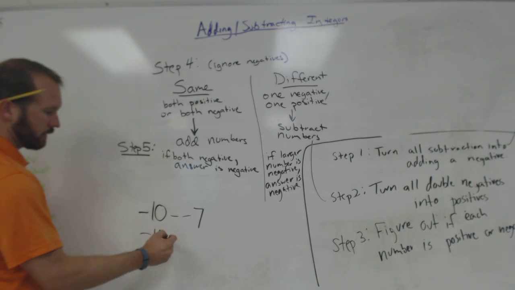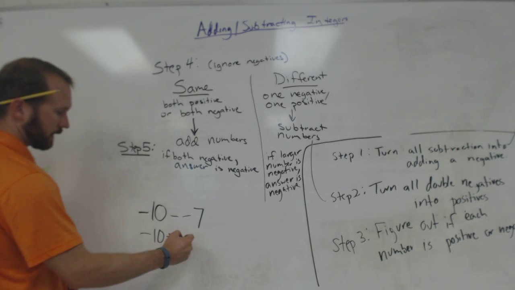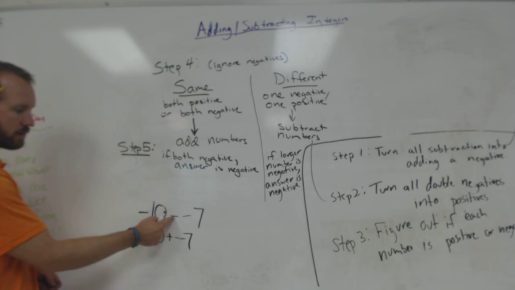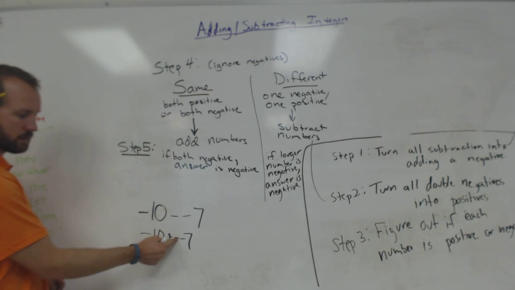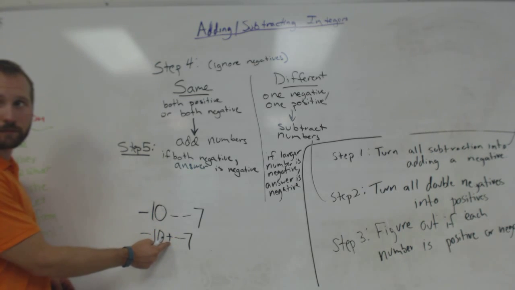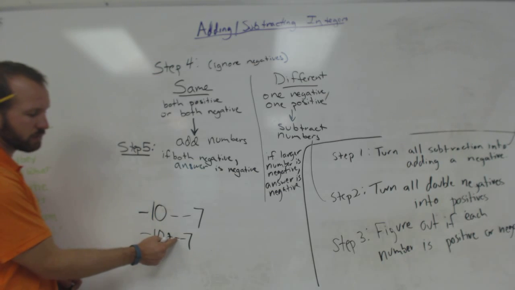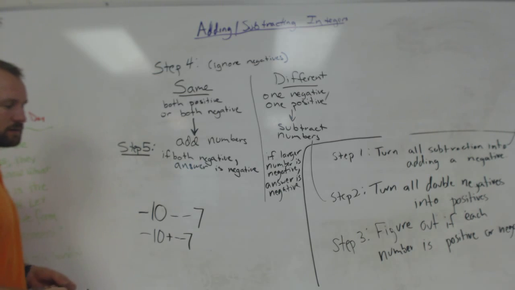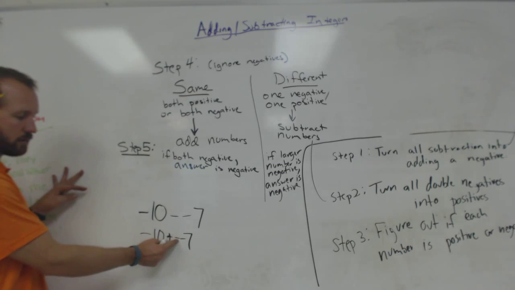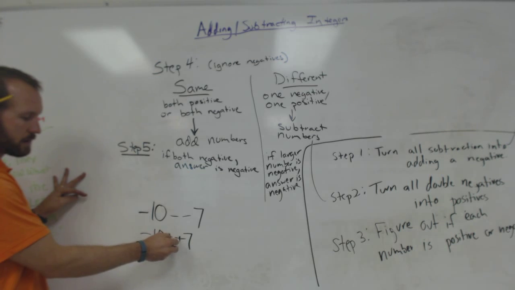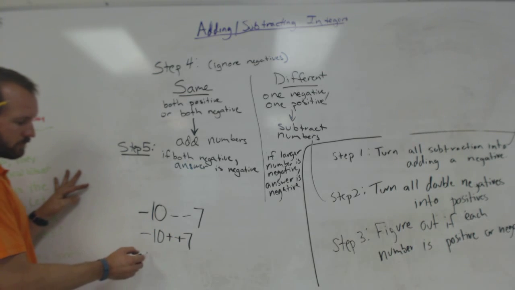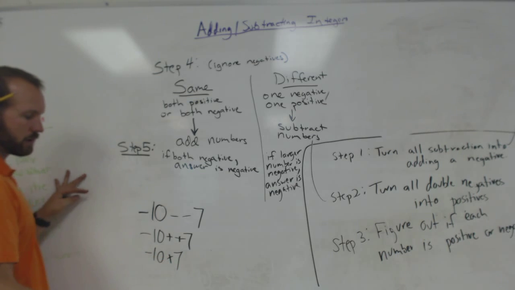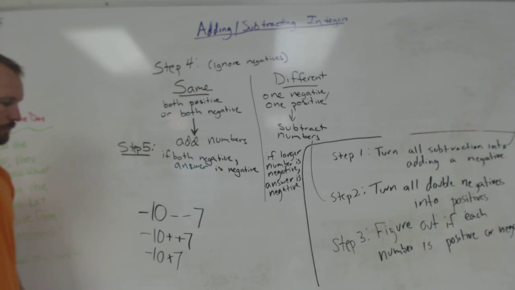Negative 10 plus negative, and then I have another negative here, negative 7. So I turned this into this, and I put a plus sign. Step 2, turn all double negatives into positives. Here's a double negative. That becomes a positive 7. I could rewrite this as negative 10 plus 7, because I don't have to write positive 7.